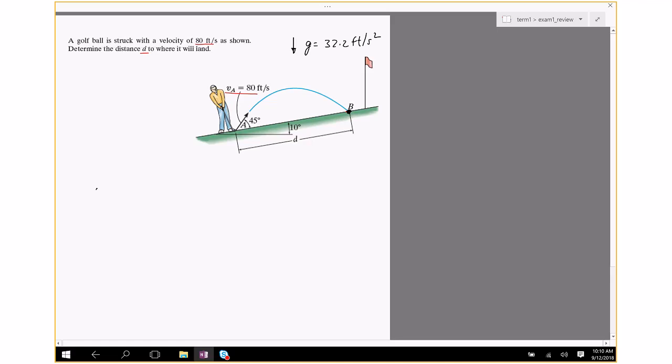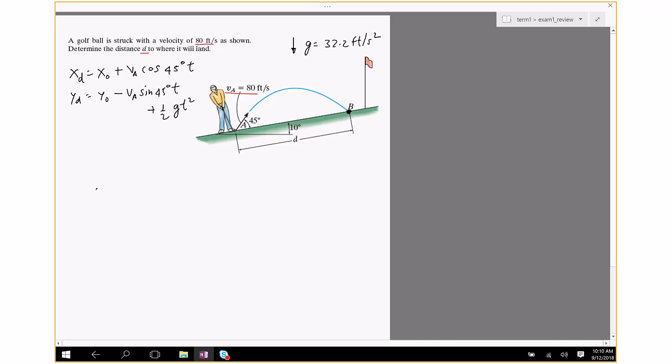Okay, so I'm going to set up two equations. One is for the x position of d, it's x0 plus VA cosine 45 degrees times t, where t is the time taken to go from A to B, and then yd is y0 minus VA sine 45 degrees t plus half gt squared.